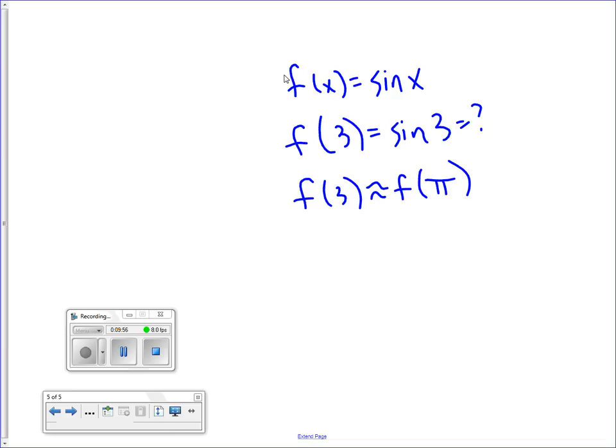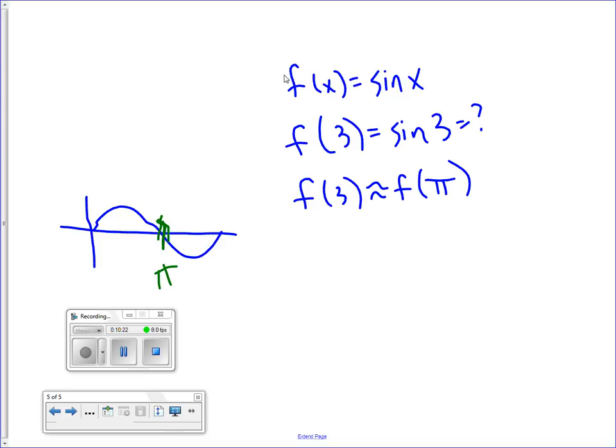So if I'm thinking about the sine function, okay, here's pi. I want to know what's the output, let me try that graph again. Okay, I want to know, here's pi.